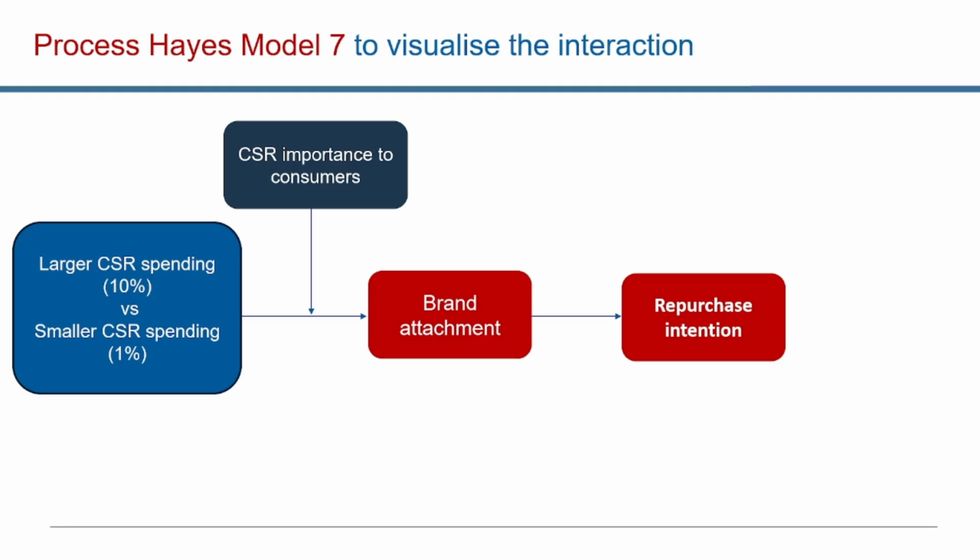Now, what I would like to do is to show you how to run Model 7, which takes into account the full mediation with brand attachment as a mediator and repurchase intentions as the dependent variable. And this is called moderated mediation because you also have a moderator. I will now show you how to run this quickly in SPSS.